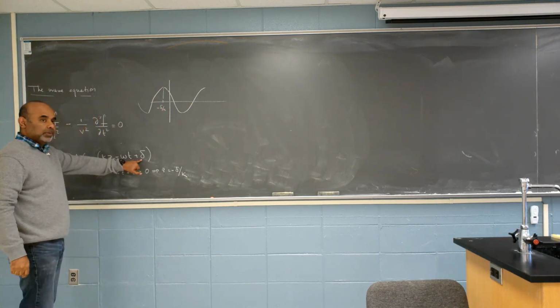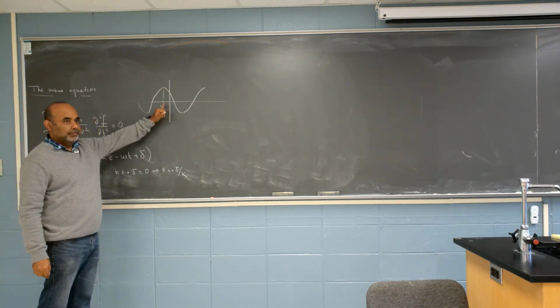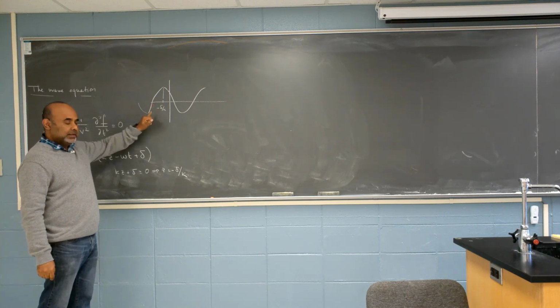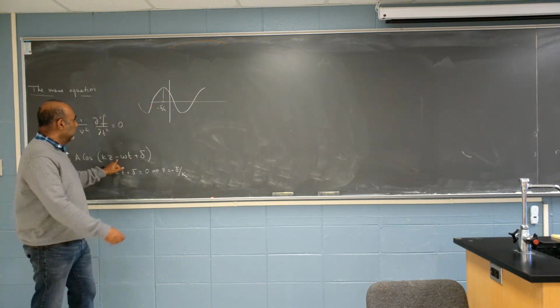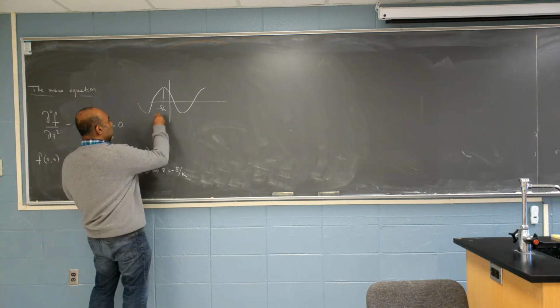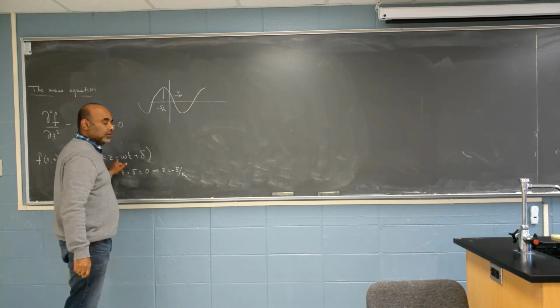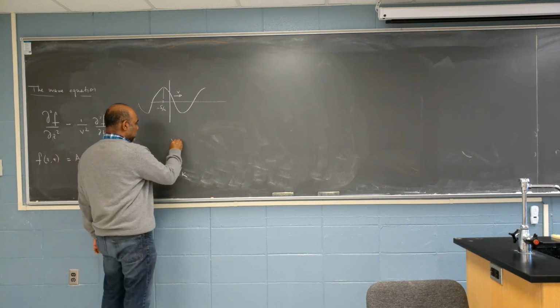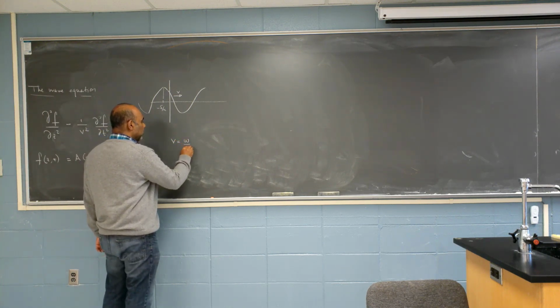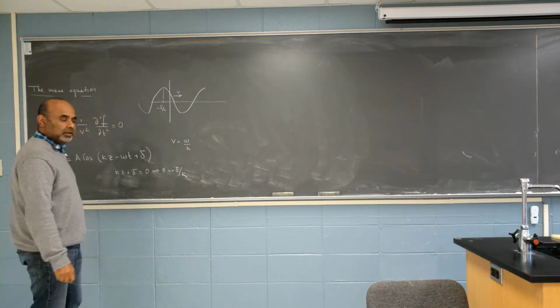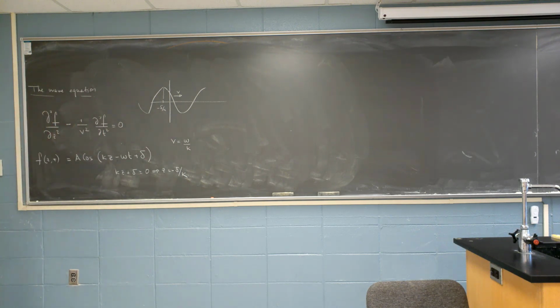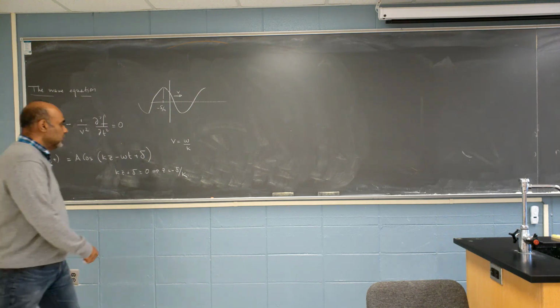And because this is plus, the phase is backwards, right? And this means, because this is negative, it's moving with the speed v, the speed of the wave, which is omega over k. These are the features we have seen. My apologies for the terrible cosine function.